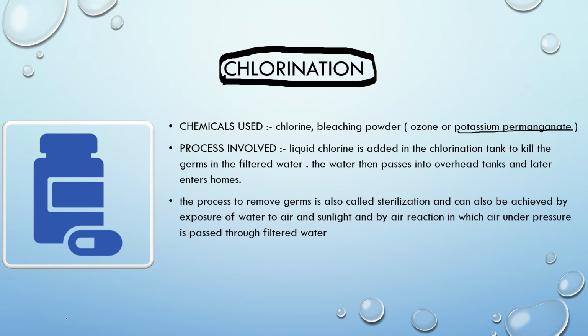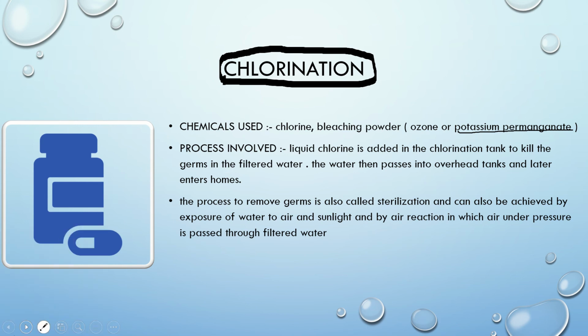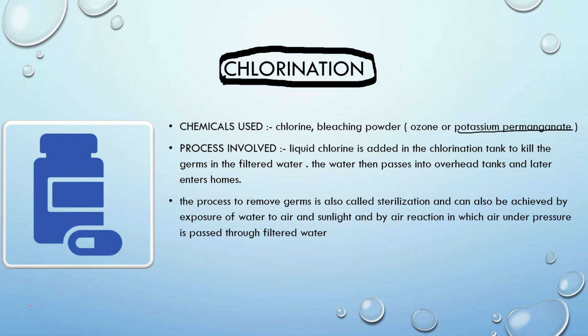How is the process involved? Liquid chlorine is added in the chlorination tank to kill germs in the filtered water. The water then passes into overhead tanks and later enters homes.